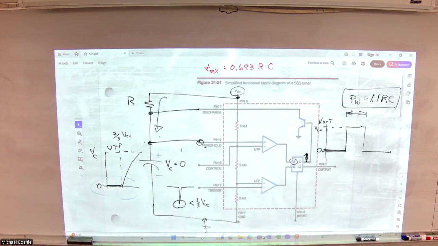Monostable operation. Fun times. It's a nice little device, right? Very handy. It's got a lot of flexibility, a lot of capability. You can get a 556 timer. 556 is just two independent 555s on the same chip. Different ways you can play with that.